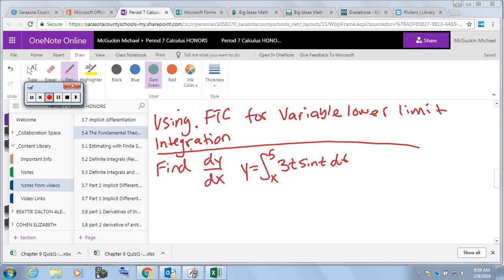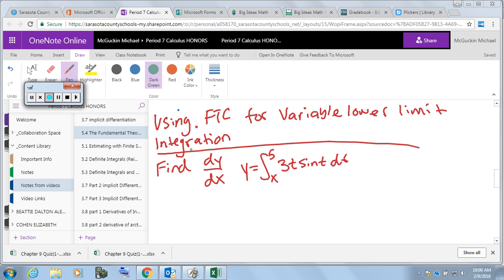That means if you negate the integral, you are basically switching the upper and lower limits. So let's use the order of integration so we can switch that 5 and the x.